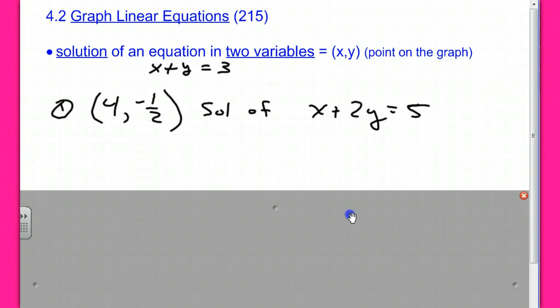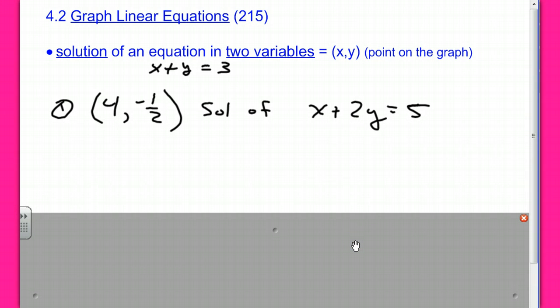So one quick question that you're asked usually at the beginning of this type of topic is, is this point a solution of this statement? X plus 2y equals 5. So you're simply testing to see if the given point is a solution.